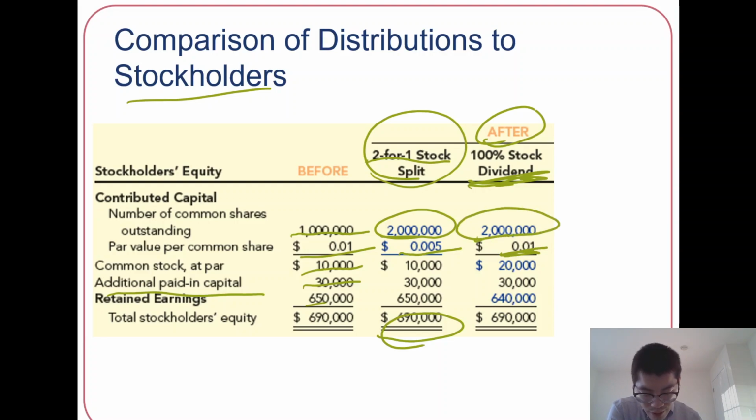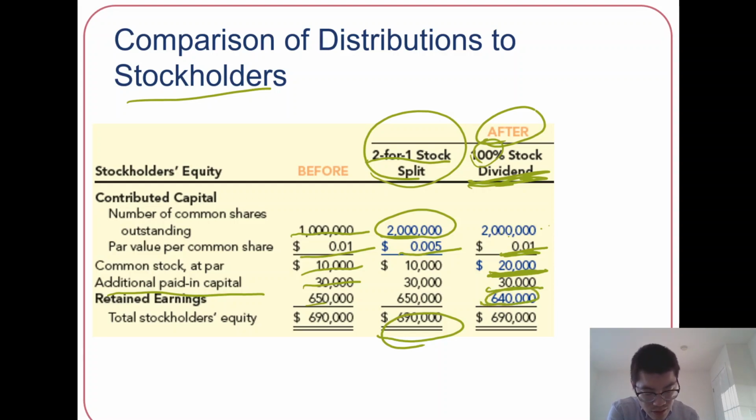Our common stock par value increased to $20,000 because we issued more stock. We issued 100% more, so we're going to have 2 million shares. However, our additional paid-in capital is the same, and retained earnings is decreased by $10,000.